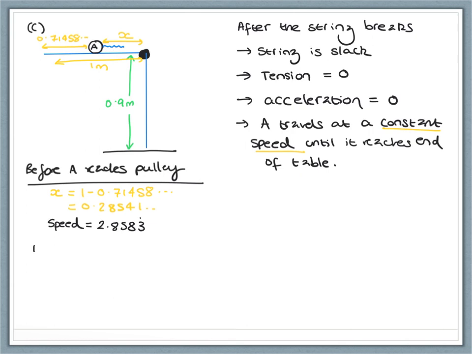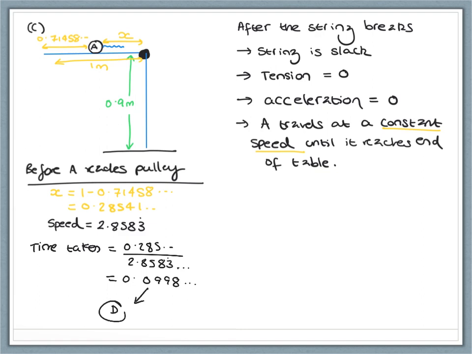So the time taken to reach the pulley after the string breaks is equal to the distance travelled divided by the speed, which is equal to 0.0998... Now we're not going to round this, we're simply going to store this in a calculator memory.